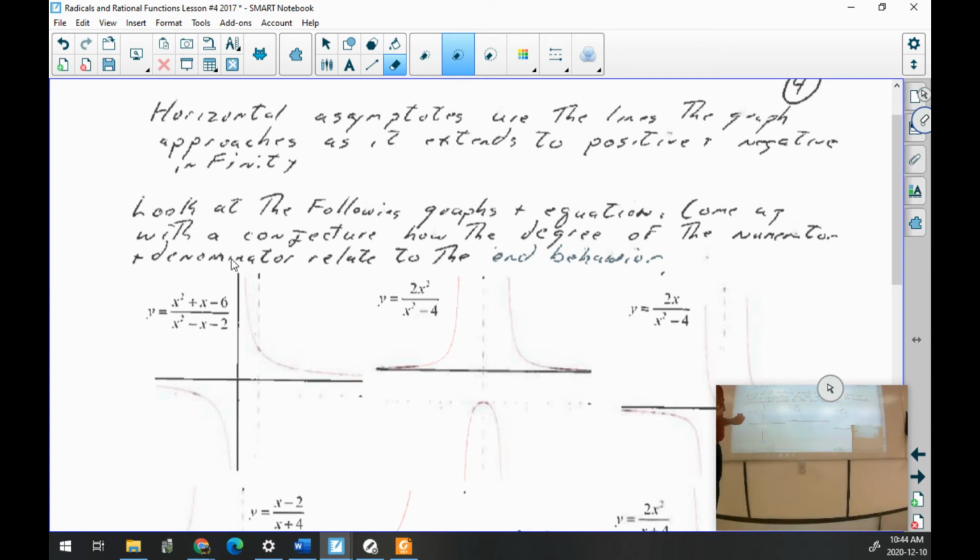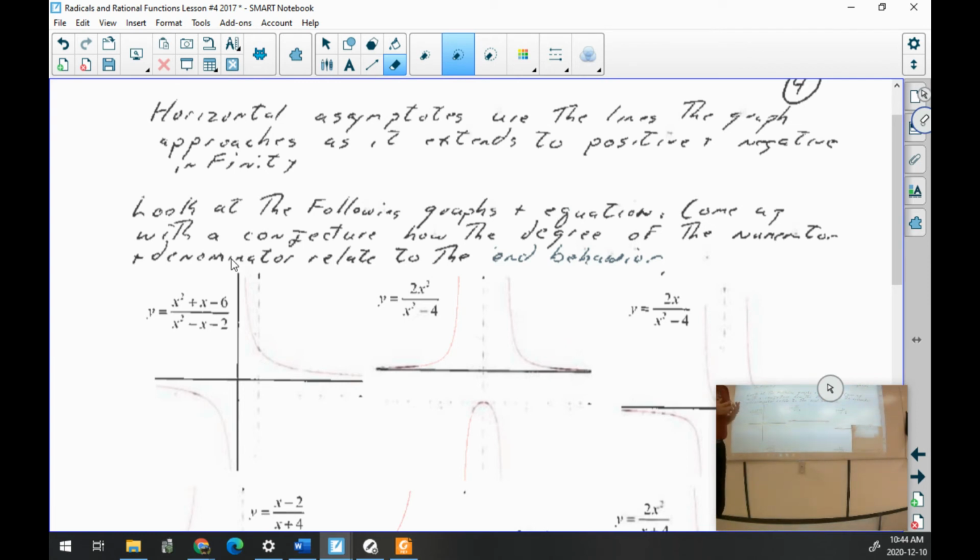Well, there are 3 choices. It can approach 0, so our graph could start getting closer and closer to 0 but never touch. It can approach another number, like y is equal to 4, getting closer and closer but never touching. Or finally, it could have no horizontal asymptote.